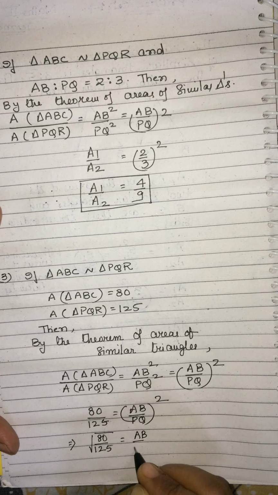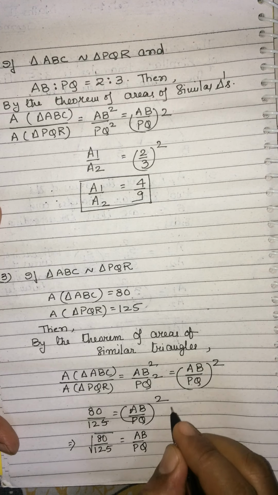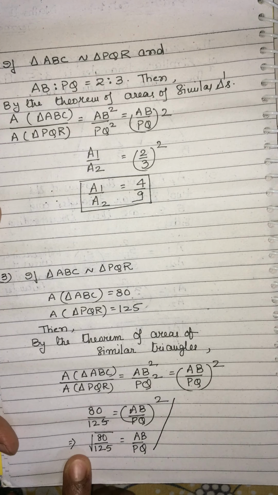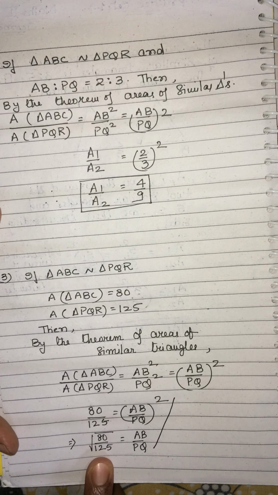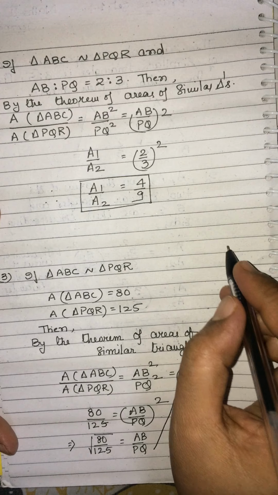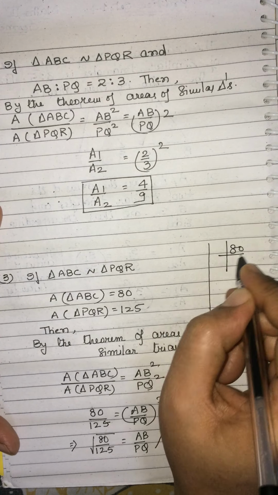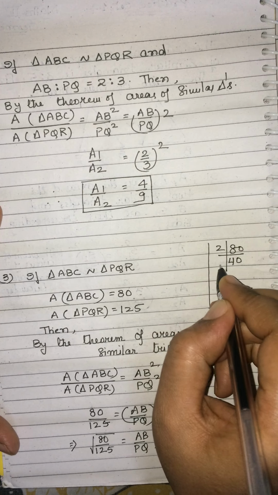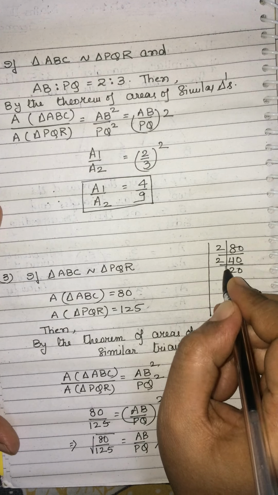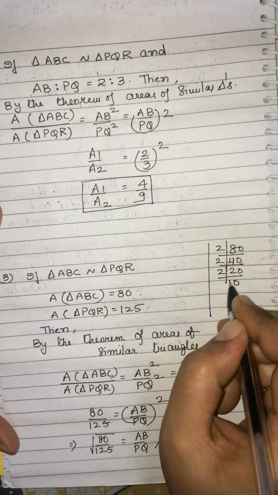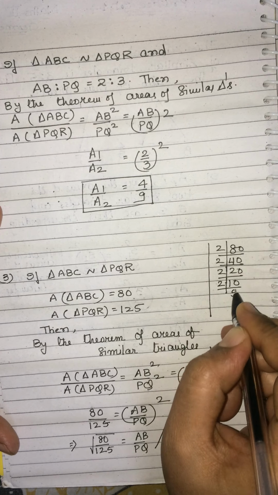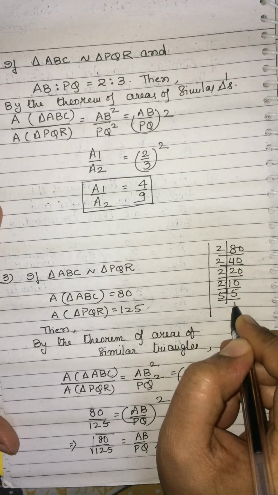So the square root of 80 and the square root of 125 we have to find, children. See, how do you find it? 80 if you divide, 40, 20, 10, 5 and 1.